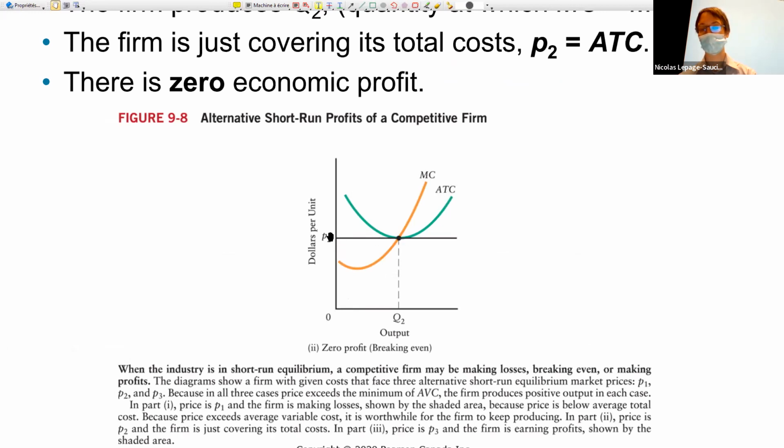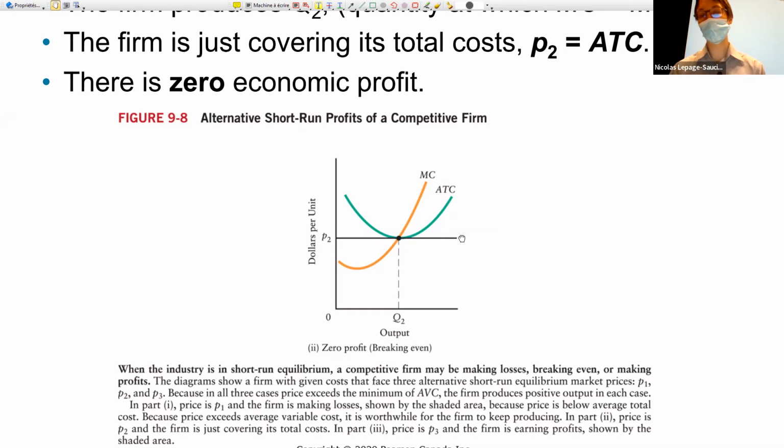Because of course it always has to be the case that the price crosses the marginal cost at P2. And we said previously that the marginal cost always crosses the average total cost at its minimum. So when the price equals the minimum of the average total cost, there is no loss and no positive profit. It's just the break-even point.